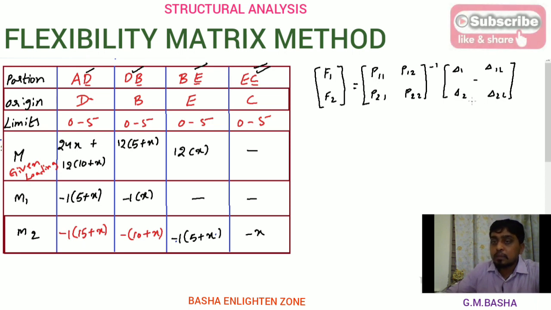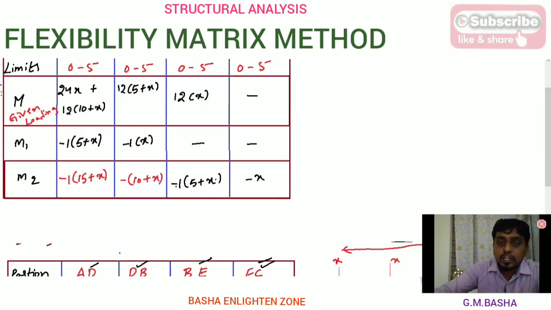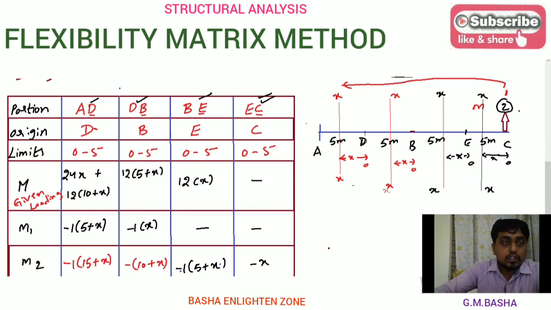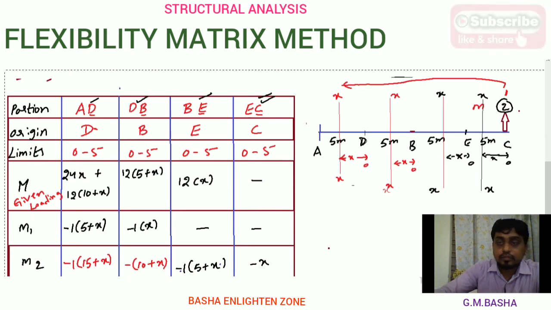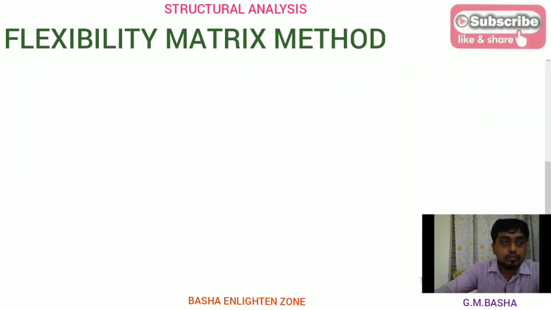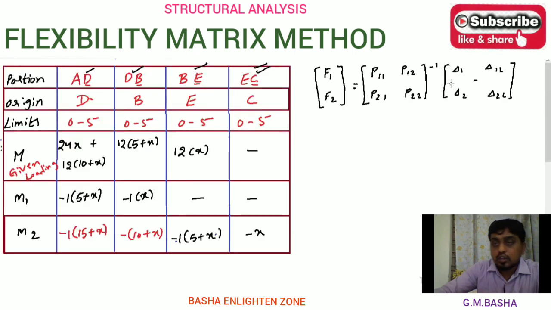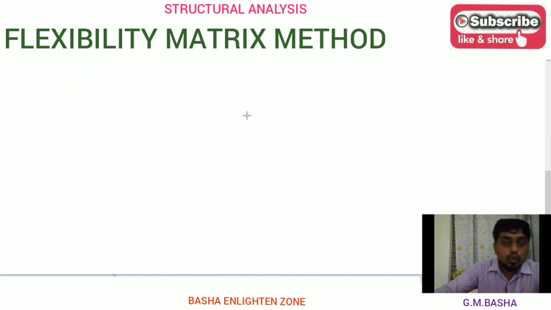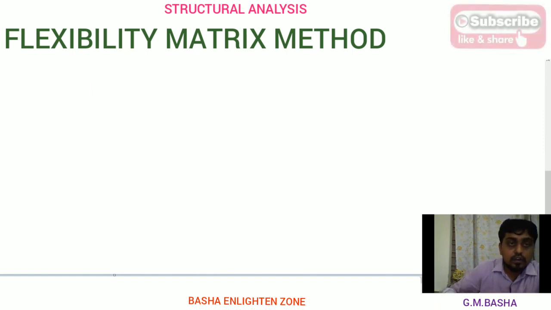So please remember some formulas I will mention here. We are talking about this delta 1L and delta 2L. What are the formulas for the delta 1L?